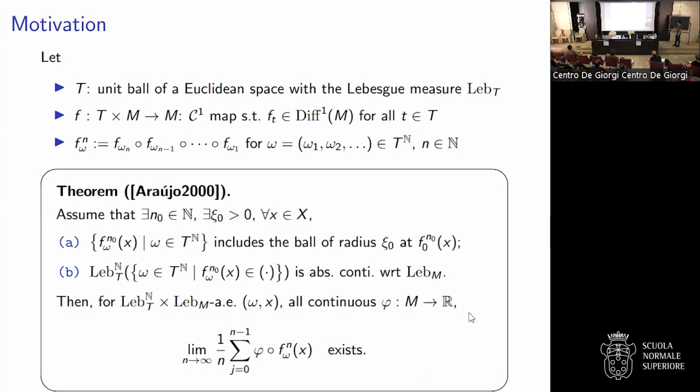Then under some assumptions, for Lebesgue almost every point, almost surely the time average exists.